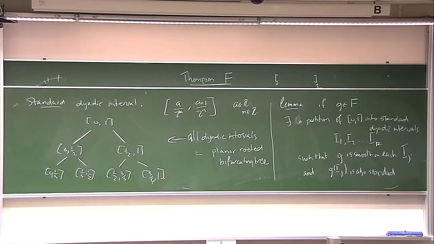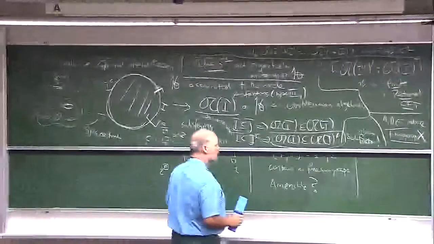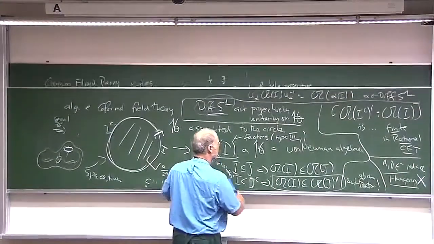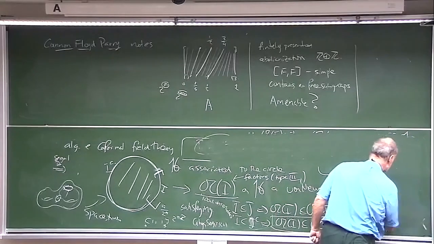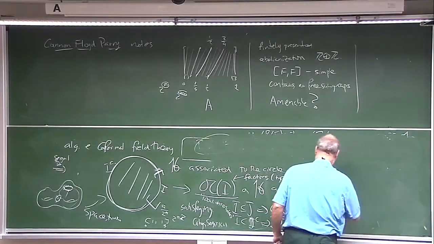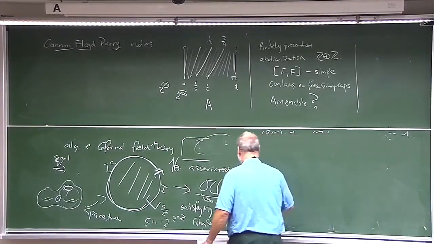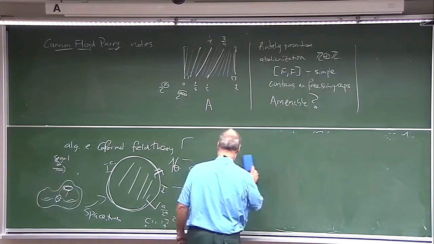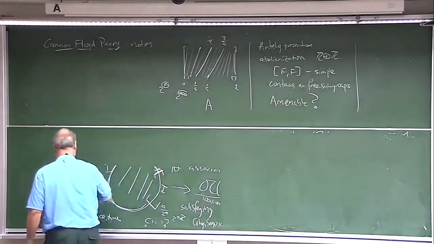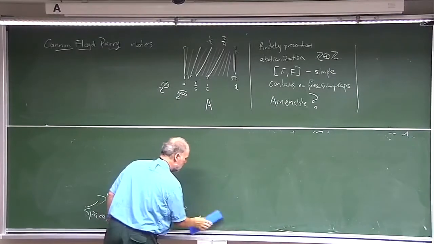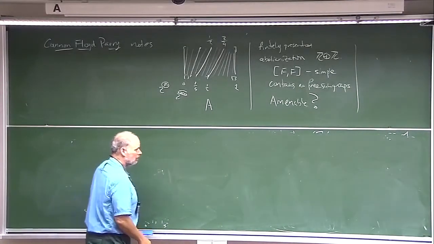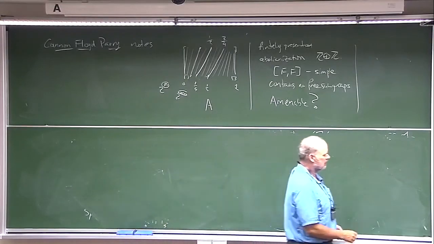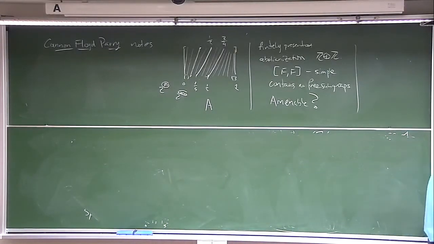But this has a very interesting consequence in terms of representing elements of the Thompson group, because what is a partition of the interval into standard dyadic intervals? Well, it's simply a choice of subtree of this tree.